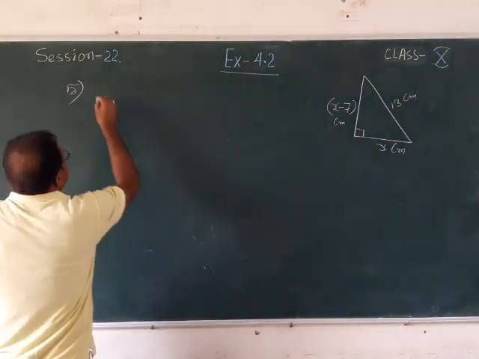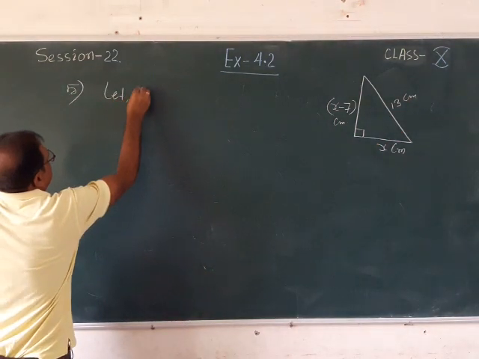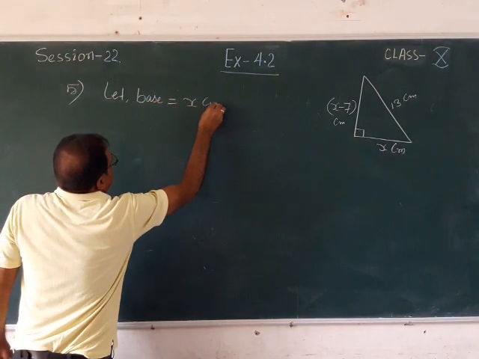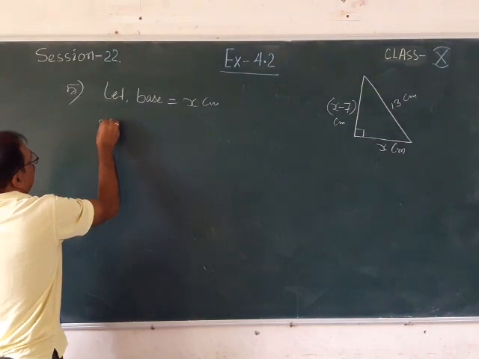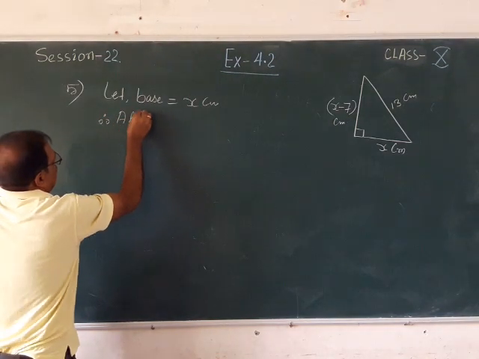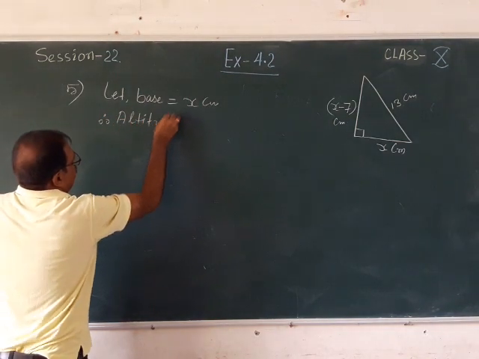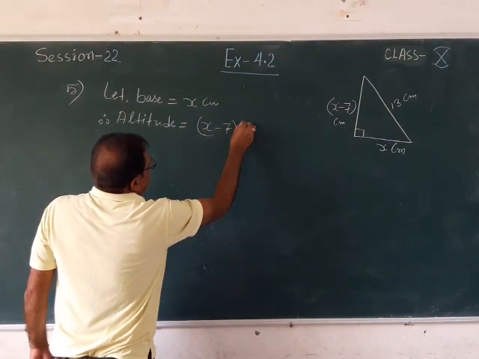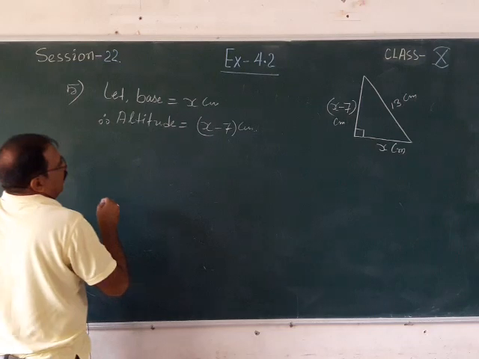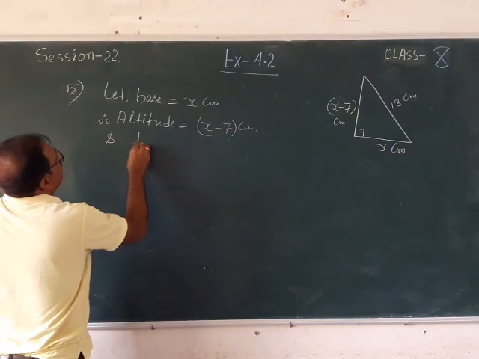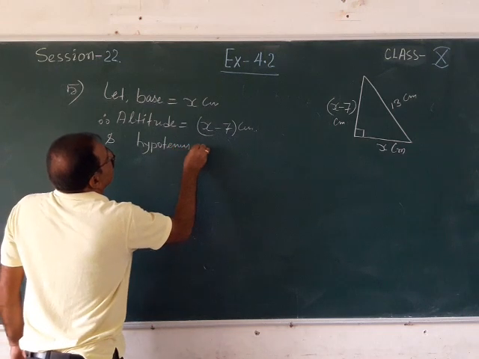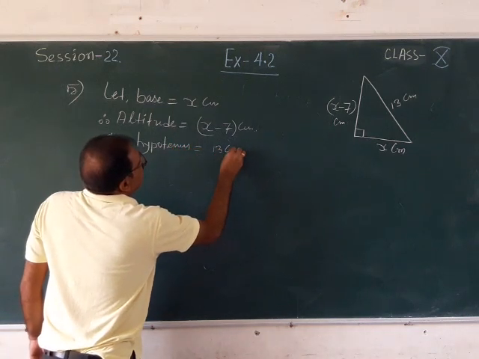You can frame your statement like this: let base equal to x centimeter. Therefore altitude will be x minus 7 centimeter and hypotenuse is equal to 13 centimeter.